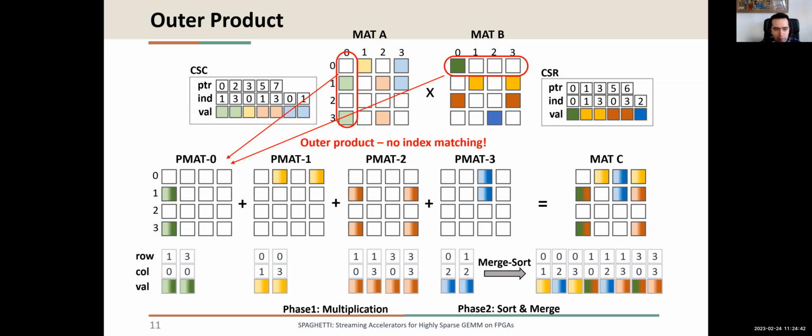So the benefit of outer product is that we don't need to do index matching anymore. But the problem is that these matrices that I'm showing on the bottom of this page are the actual values that you get in real hardware. So you don't see this in hardware, because this is just the representation of the matrix.